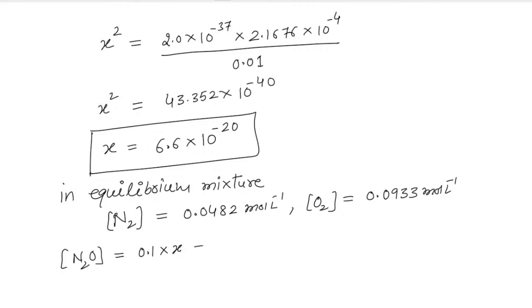Okay, so that means 0.1 into 6.6 into 10 raised power minus 20. So, it comes out to be 6.6 into 10 raised power minus 21 mole per liter.